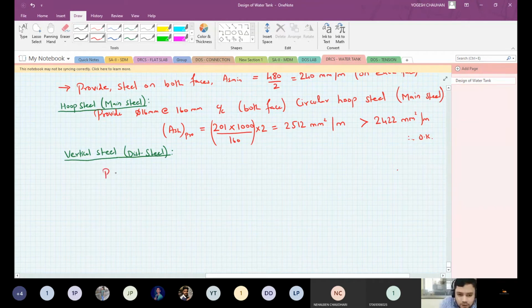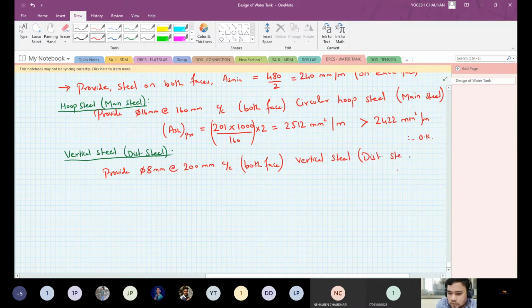So for that, provide 8 mm dia at the 200 center to center on both faces, and this will be vertical steel. This is your distribution steel.